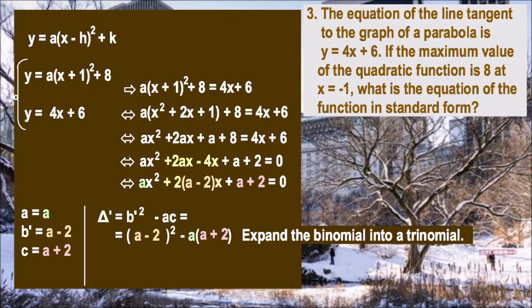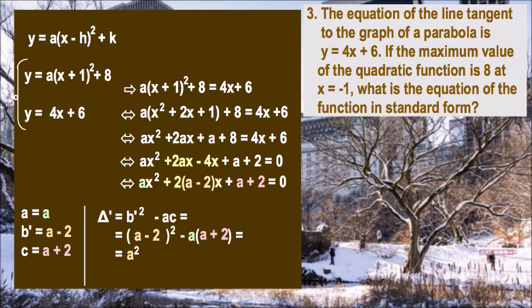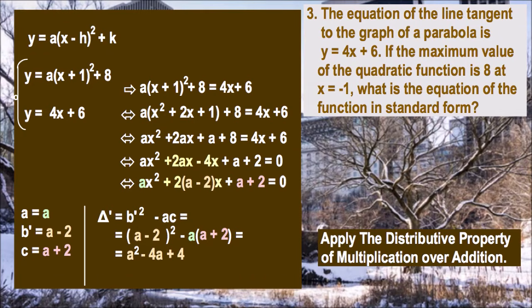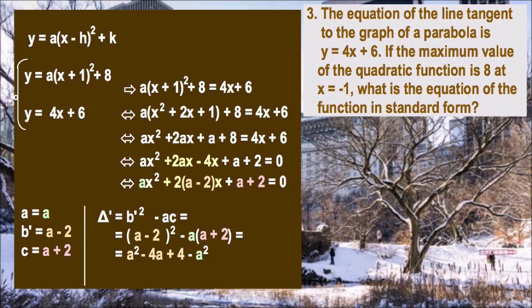We want to expand the binomial into a trinomial here. A squared minus 4a plus 4. And then we apply the distributive property of multiplication over addition. Negative a squared, negative 2a.